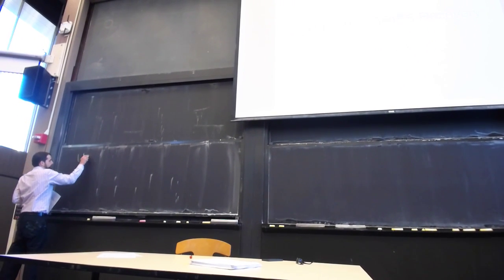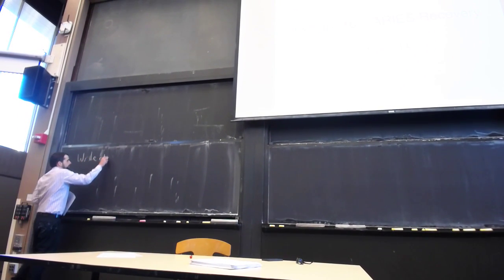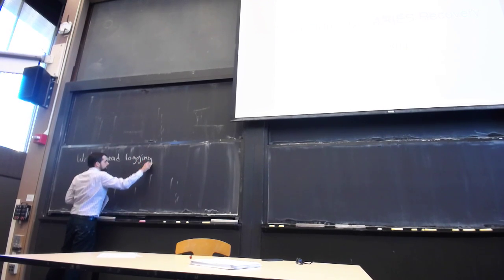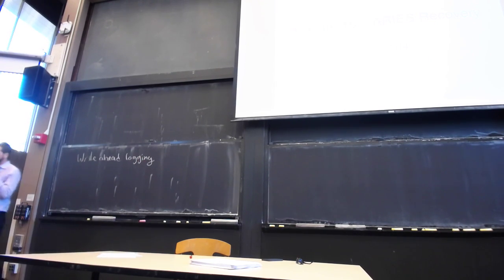And we introduced this notion of write-ahead logging, as a mechanism for enforcing recoverability. So what write-ahead logging does, if you remember, is that you log the operations that you're going to do into the log before you actually do them.